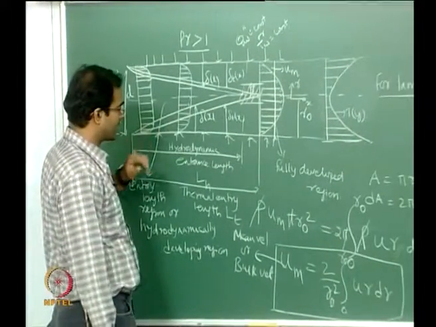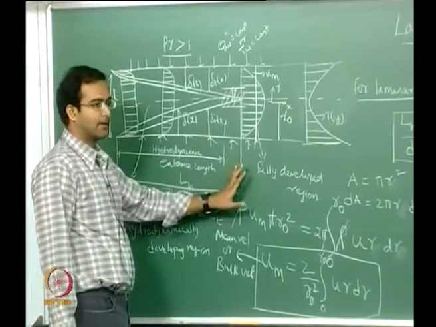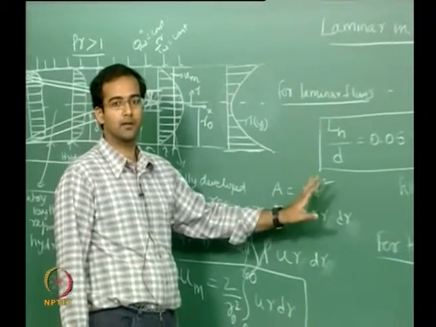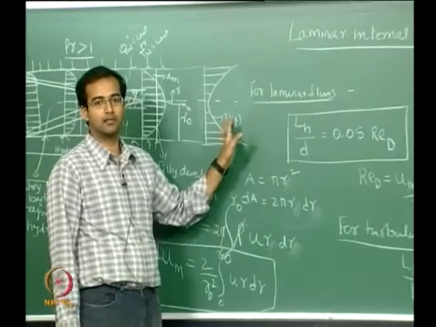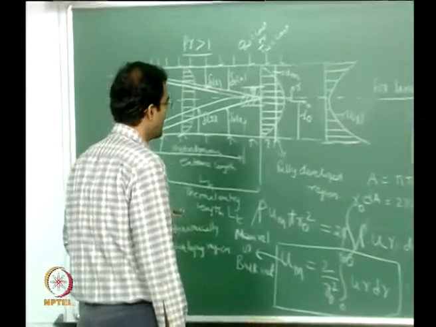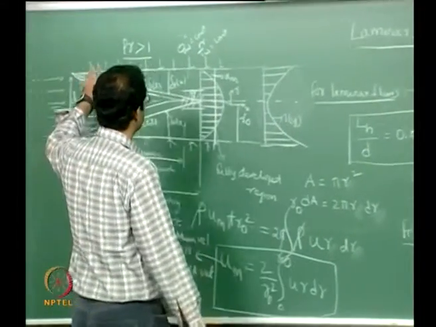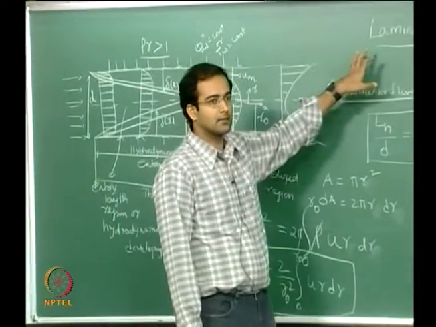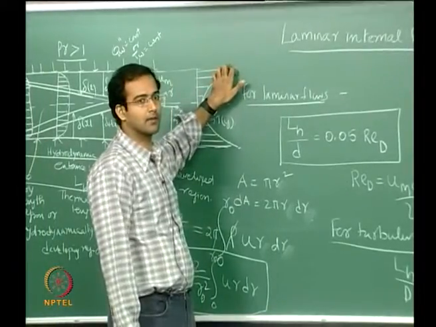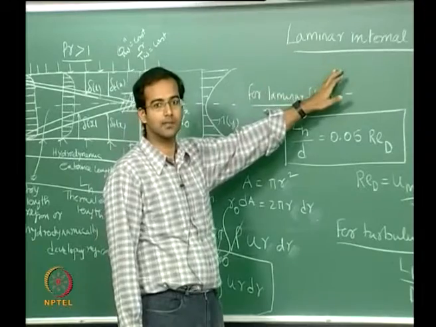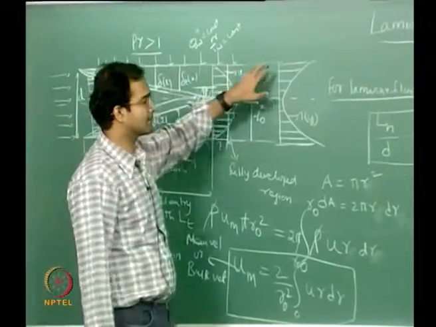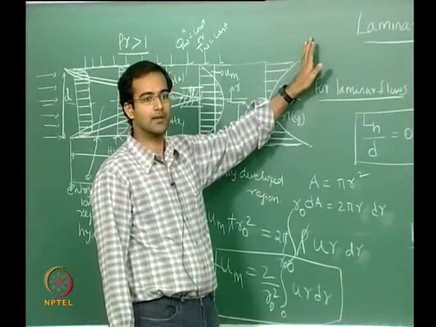So now when you say that you have a hydrodynamically fully developed region and you have a hydrodynamic entry length, similar to that you have a thermal entry length, and you should also have a thermally fully developed region, just analogous to your velocity profiles, where the velocity profiles are invariant of the axial location. However, you can very clearly see when you apply heat transfer, for example, if you apply a uniform heat flux, what happens? The wall temperature keeps on changing with respect to x. The wall temperature will not be the same, for example, at the entrance and somewhere downstream, because you are continuously adding heat.